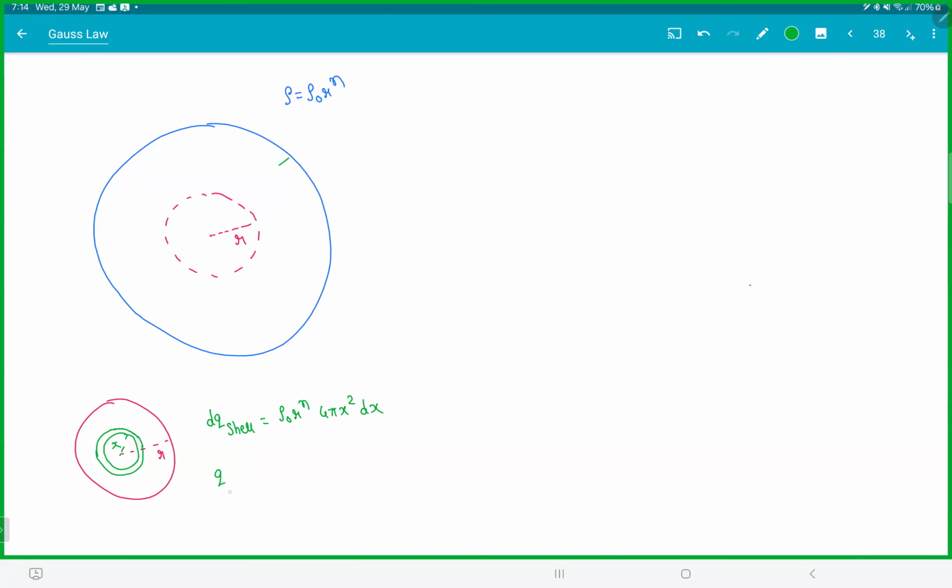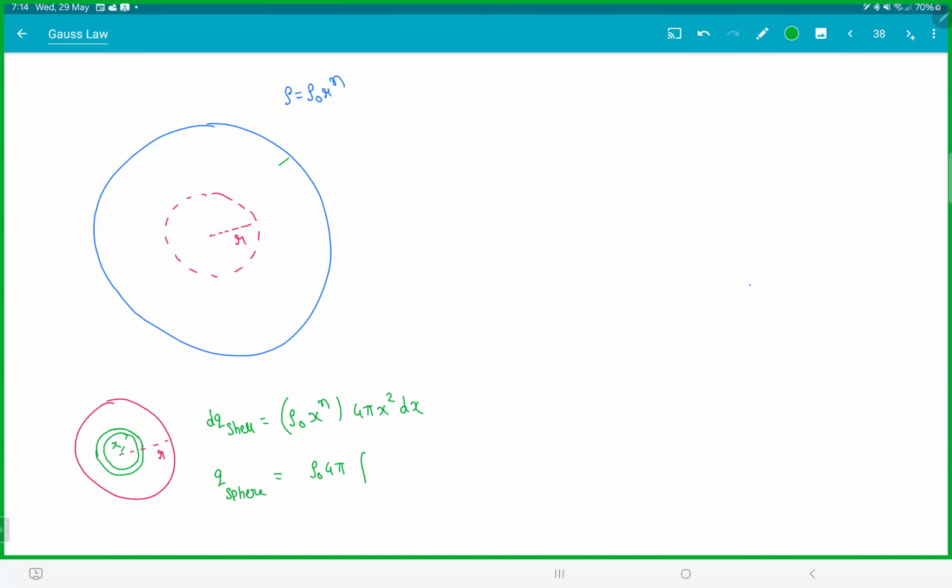So the charge on that sphere, q is the charge on a sphere up to radius r, will be rho naught 4 pi integral r power n integral x square. Actually, I have to include rho naught x power n into 4 pi x square dx.